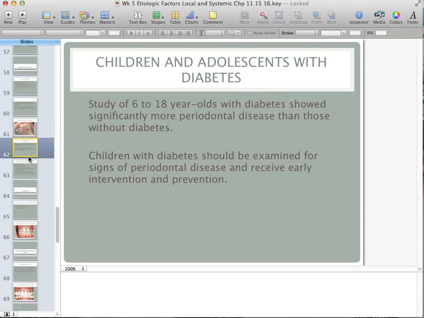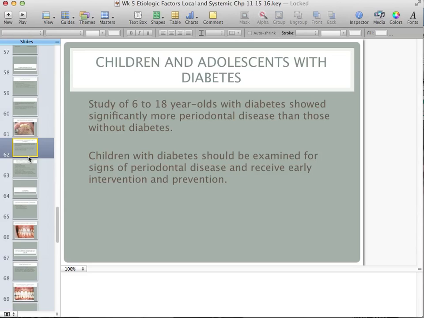So, children and kids with diabetes, what about them? So kids with diabetes also have a risk for periodontal disease. Normally when you think of perio, you think of older adults, upper 30s, mid 40s, but kids and teens can also have perio, especially if they have a link to diabetes.